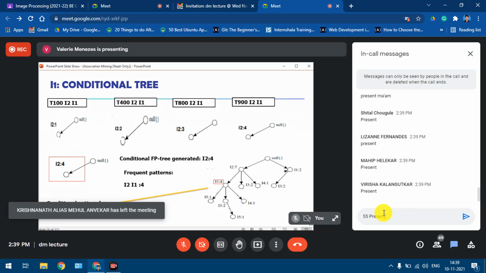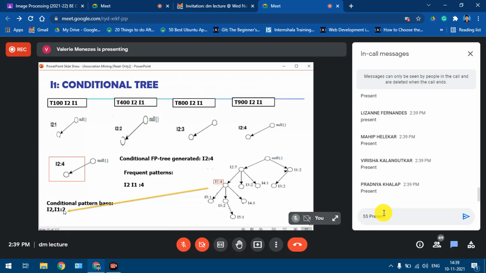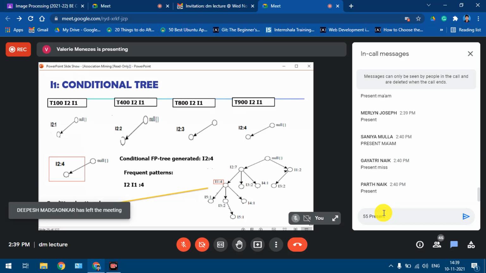Savita is absent. Pradnya, Mohit, Sia, Akshata, Ujjwal, Ditesh, Sumedha, Shriyash, Shavik, Marlin, Tania, Dattaraj, Gayatri, Parth. Dattaraj is absent.